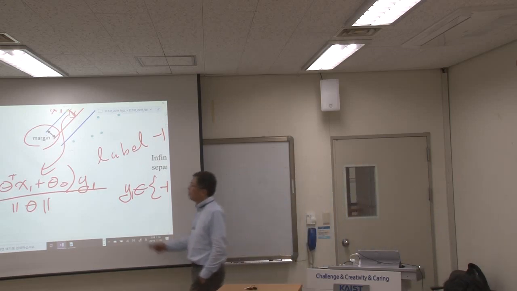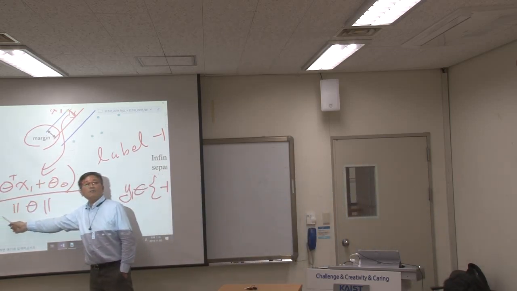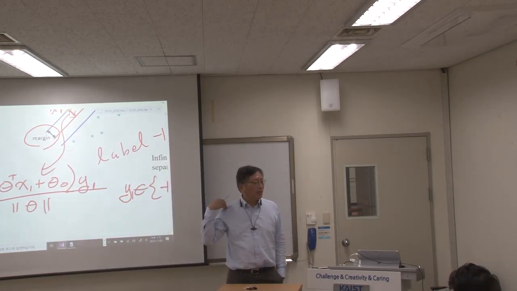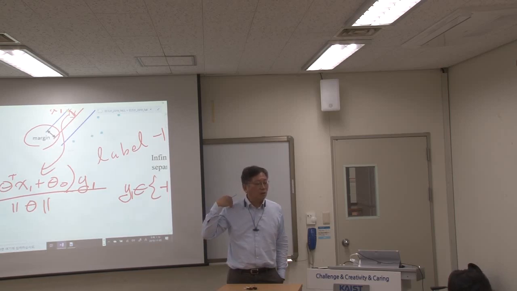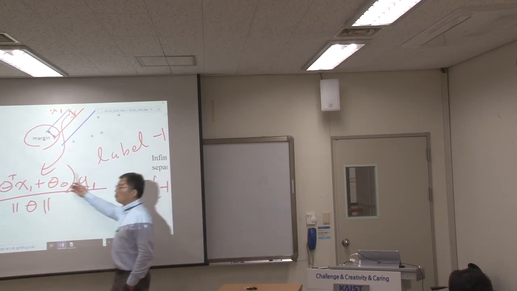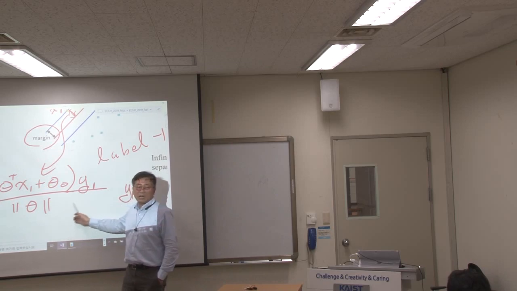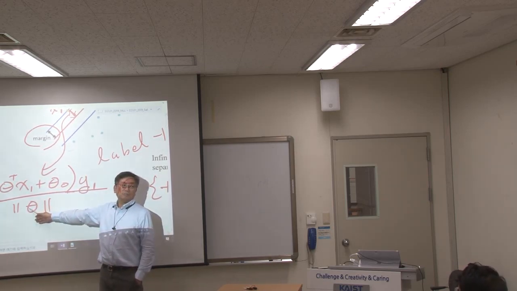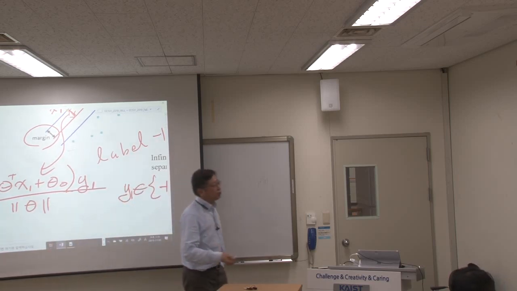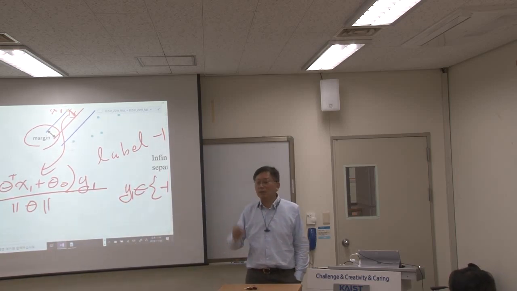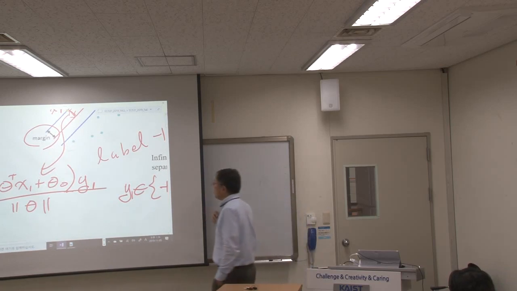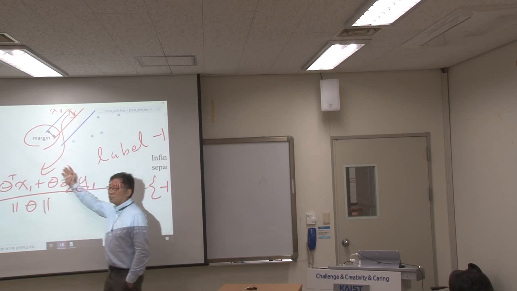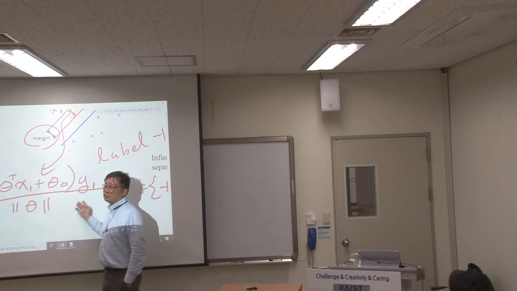There you go. Okay, so if the prediction corresponds with the ground truth label, then what will be the sign of this value? Positive. If the prediction and the ground truth label are opposite, then this is what? -1.